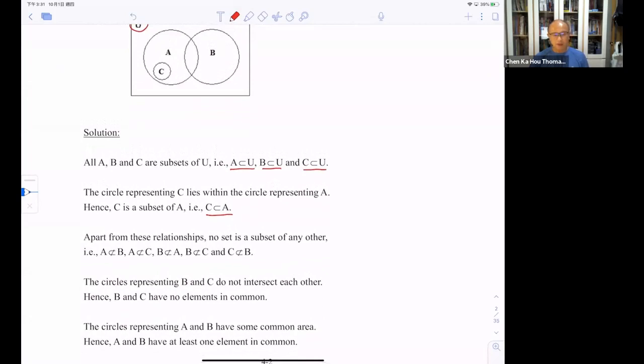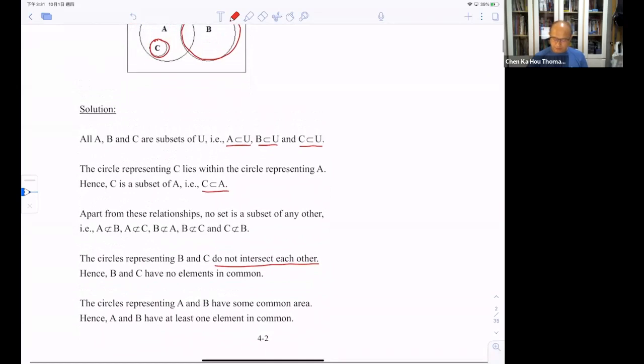On the other hand, we see C and B have no intersection, nothing in common, so they do not intersect each other. Sometimes we use the term mutually exclusive to describe two such sets: there is nothing in common.